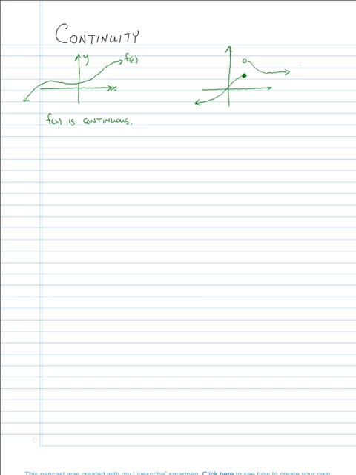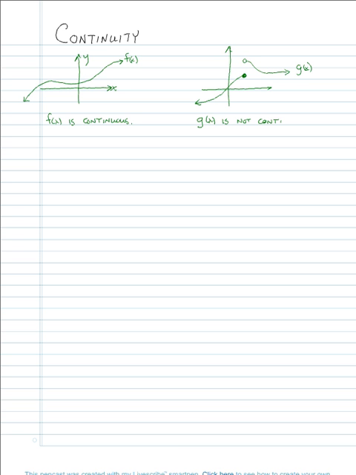Suppose that's the graph of the function g. Well, it's clear that that graph is broken, or we can't draw that line in a continuous fashion. So we could easily say, and it makes sense, that g of x is not continuous.